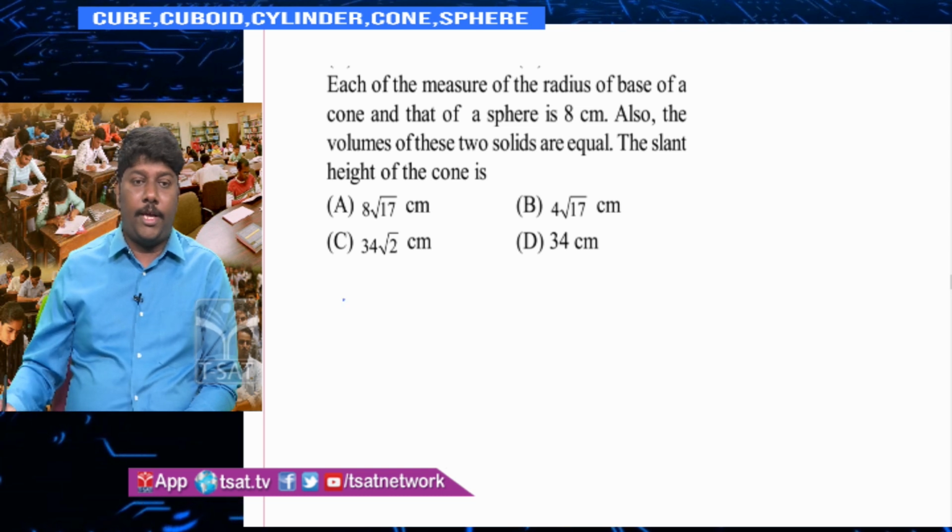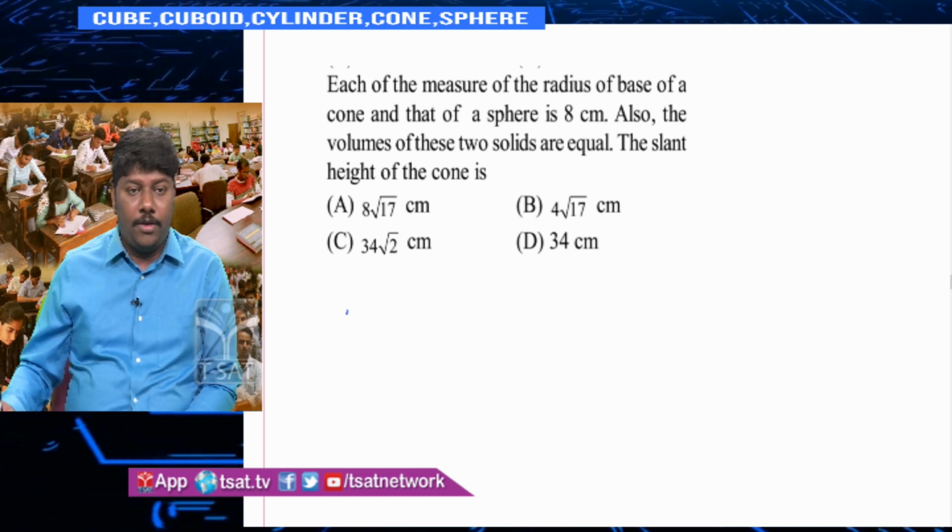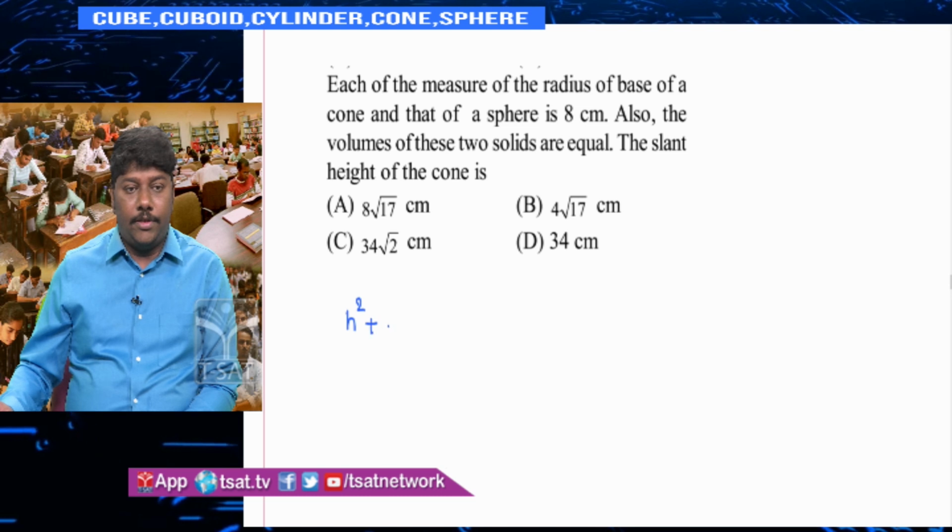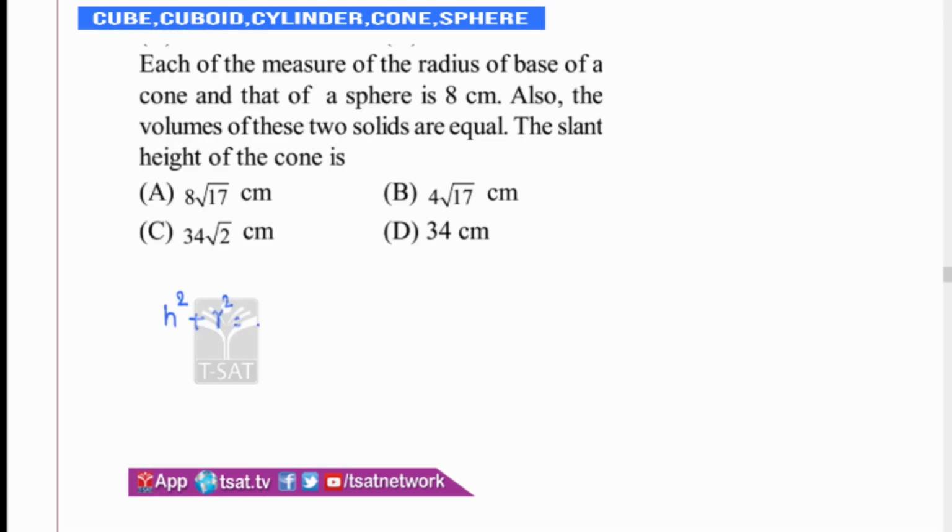We know the relation between the height of the cone and slant height of the cone: h square plus r square is equal to L square. In order to find out the slant height, you just need to find out the value of h first. Their volumes are equal. Therefore, 1/3 pi r square h is equal to 4/3 pi r cube, since it is a sphere. Radius is anyway the same.